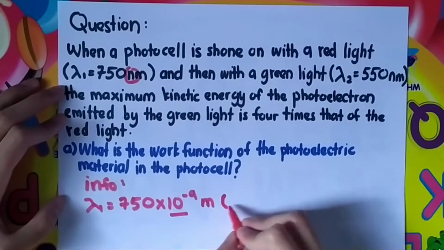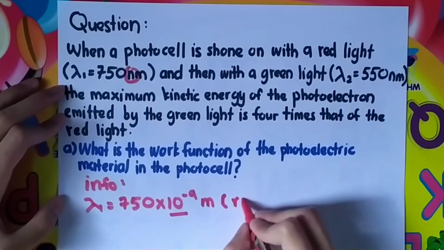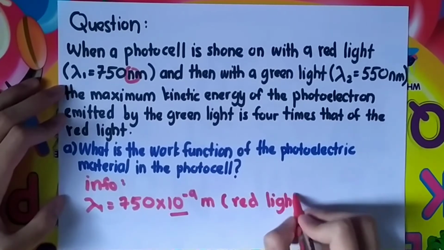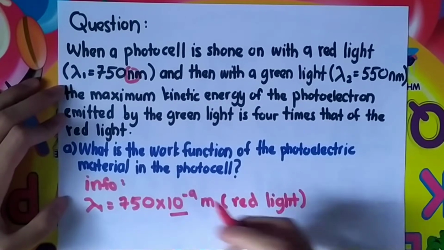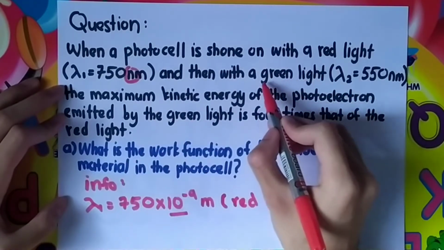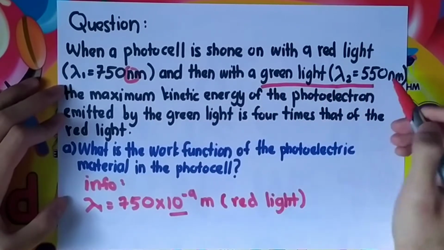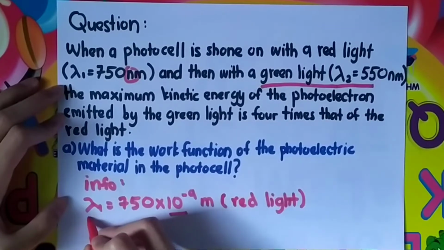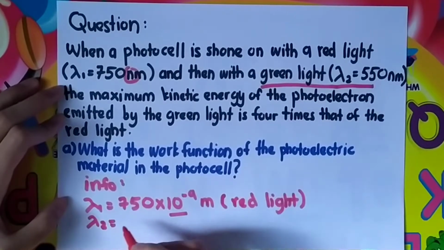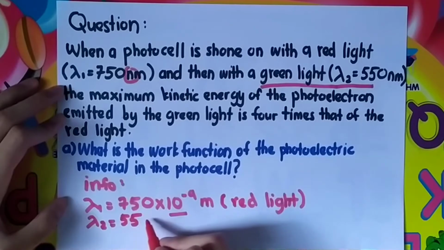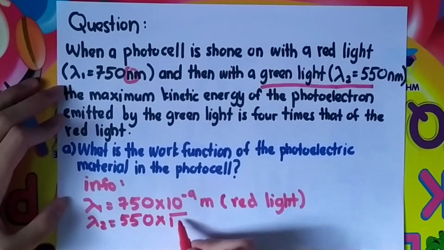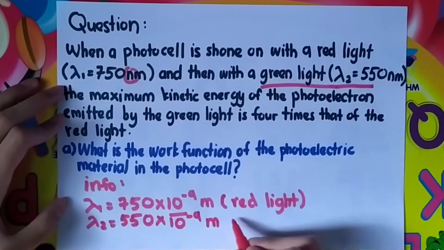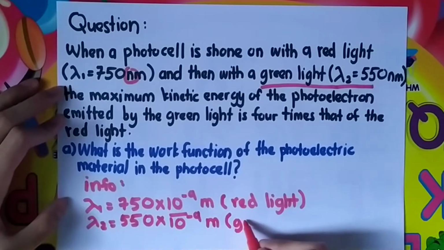And the question also gives us the wavelength of the green light, which is lambda 2 equal to 550 times 10 to the power of negative 9 meter.